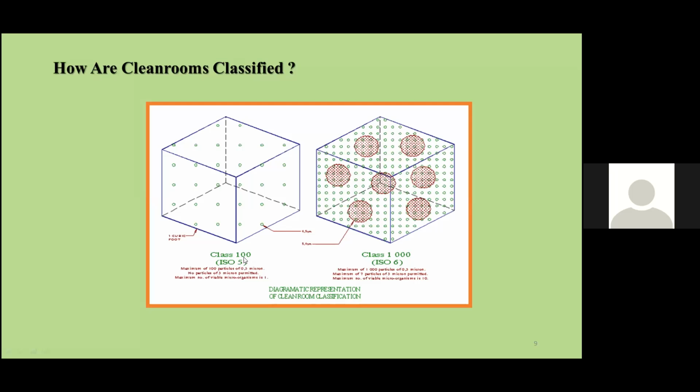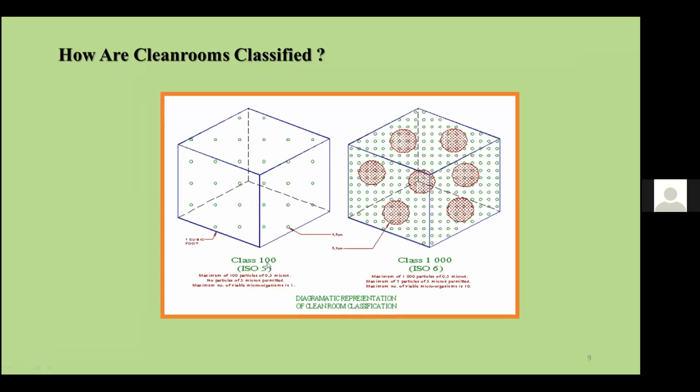Class 100 clean room means, suppose we consider one cubic meter area, in that area 0.5 micrometer size particles are available at 100 per cubic meter. Only 100 particles of 0.5 micron are present. This type of clean room is called a class 100 clean room.